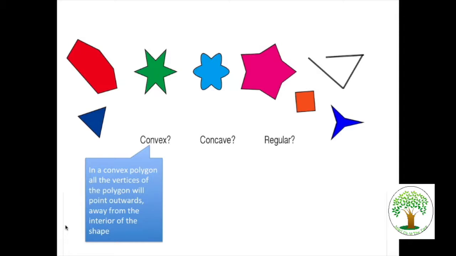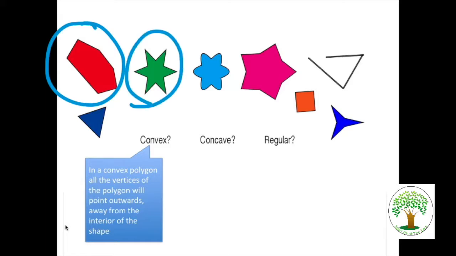So let's look at this red one up here. Do all of the vertices point out away from the center? Yes. What about the green one? No, this one is not convex. Notice right here, these ones actually point inward. Was it concave? Yes, as a matter of fact.